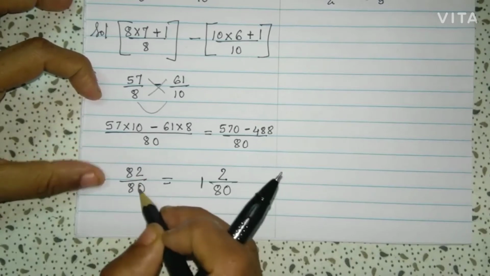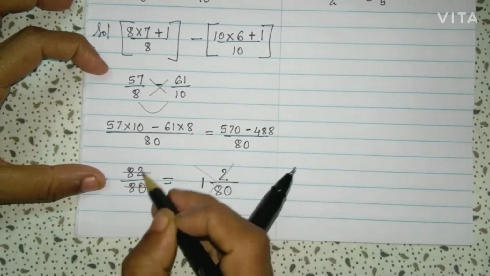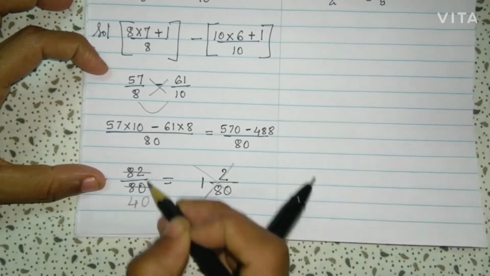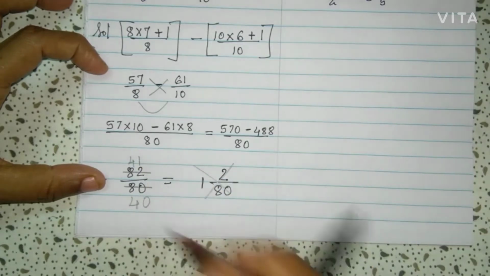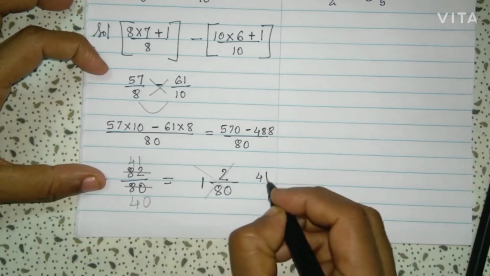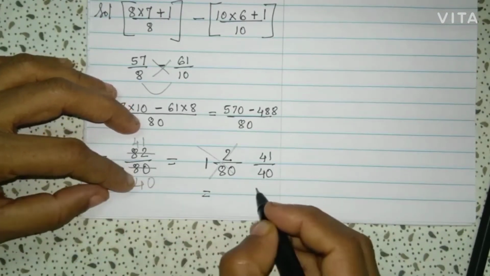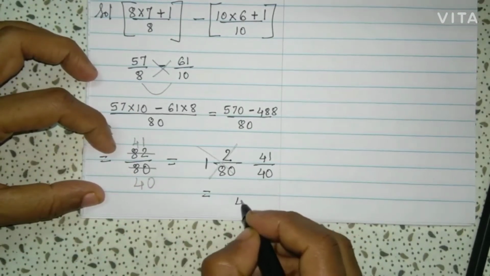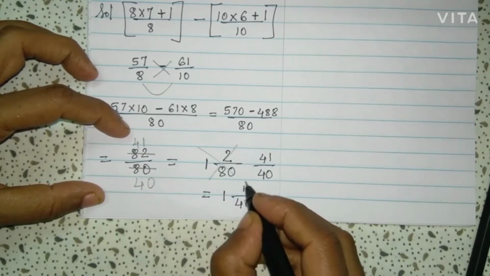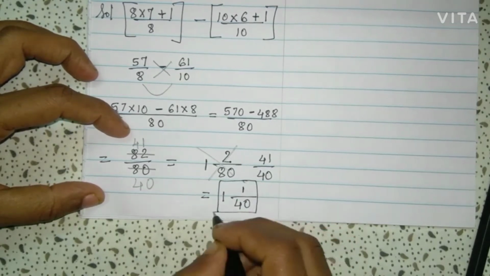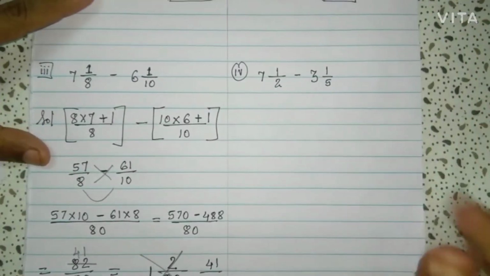See, this could be divided by 2, so avoid this. 2 fours are 8, 2 ones are 2. So actually 41 upon 40. So this final answer will be 40 ones are 40 and remainder 1. This is your actual answer. Okay, let's see the last sums.